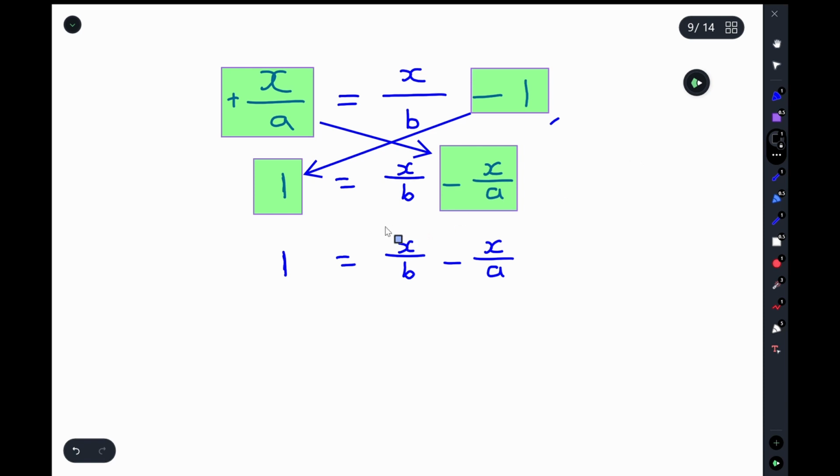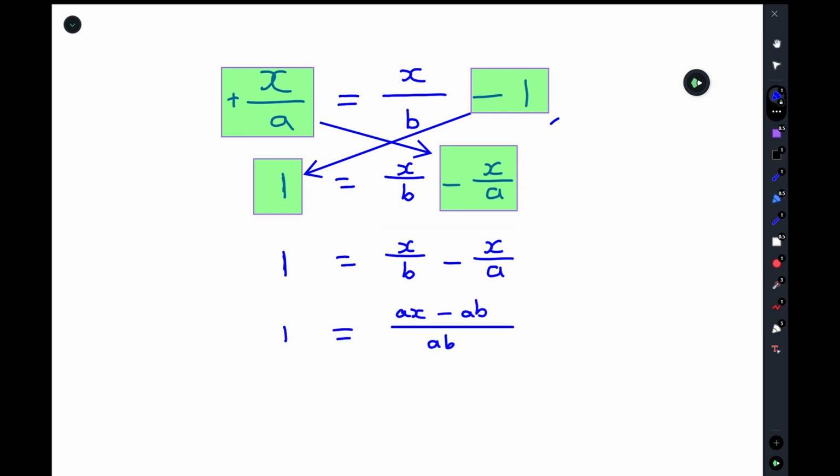Now I want to focus on the right hand side of the equation, and this time, instead of factorizing at this point, which is what we did before, I am going to simplify this expression first. I'm going to reduce these two fractions to a single fraction. We're going to multiply and cross multiply, same as before. So we multiply a and b to get our new denominator, ab, and then we cross multiply.